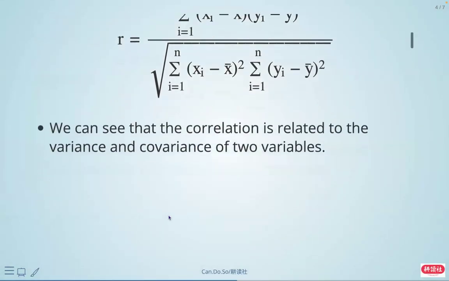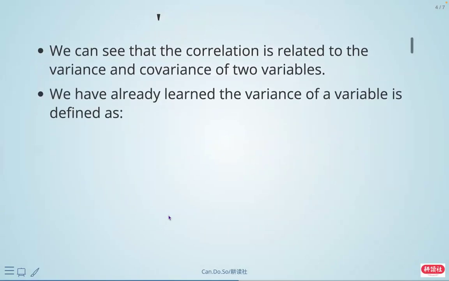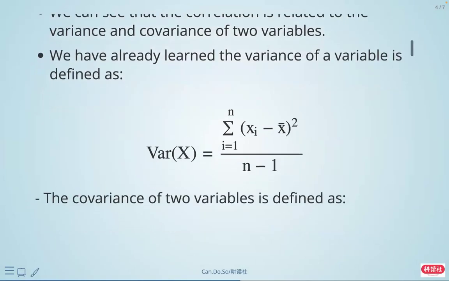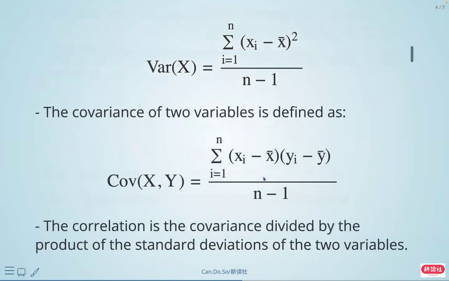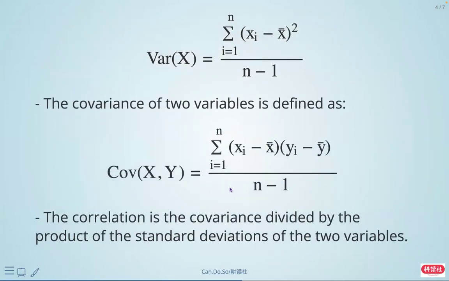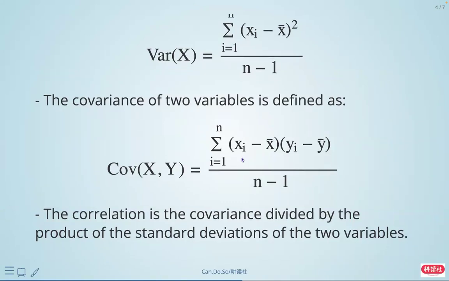We can see that the correlation is related to variance and covariance, and we have already learned that variance is like this, as I have showed you, and the covariance is like this. For x, the one variable minus the first one's mean, times the second variable minus the second mean, get the product, add it together, and divide by the degrees of freedom.